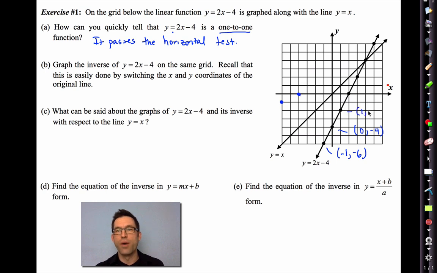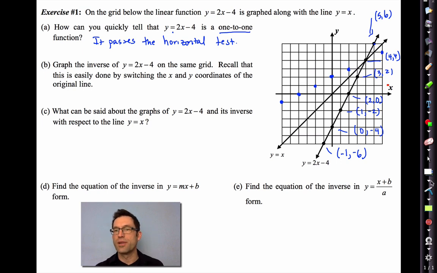This one, which is at 1, -2, will now be at -2, 1. Here, where we have 2, 0, we'll now have 0, 2. Here, 3, 2 will now be 2, 3. This one, which is at 4, 4, stays exactly where it is. And this one, which is at 5, 6, will suddenly be at 6, 5.